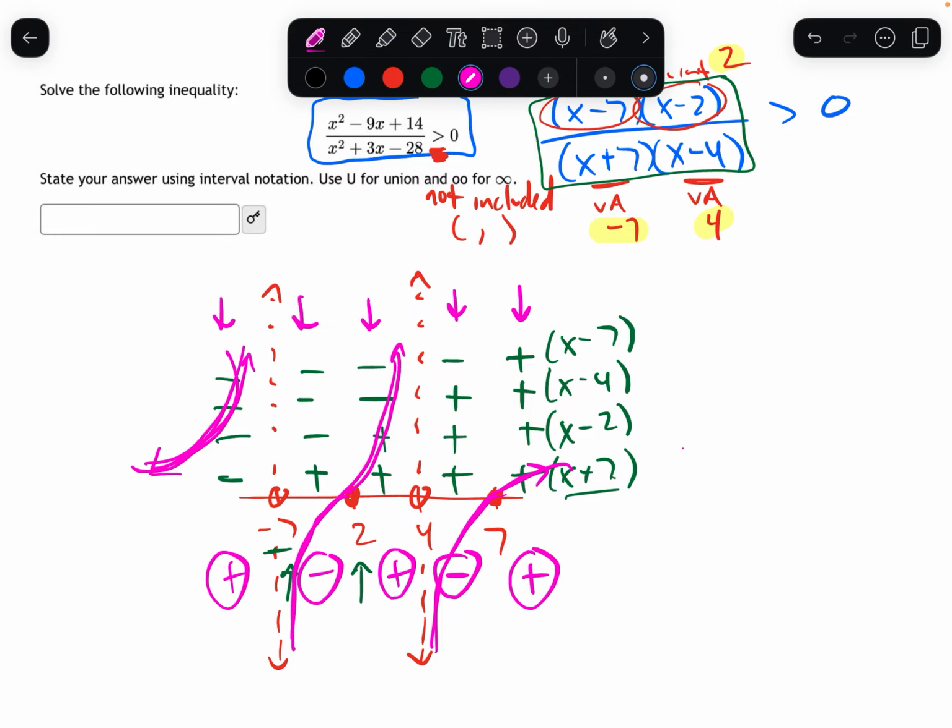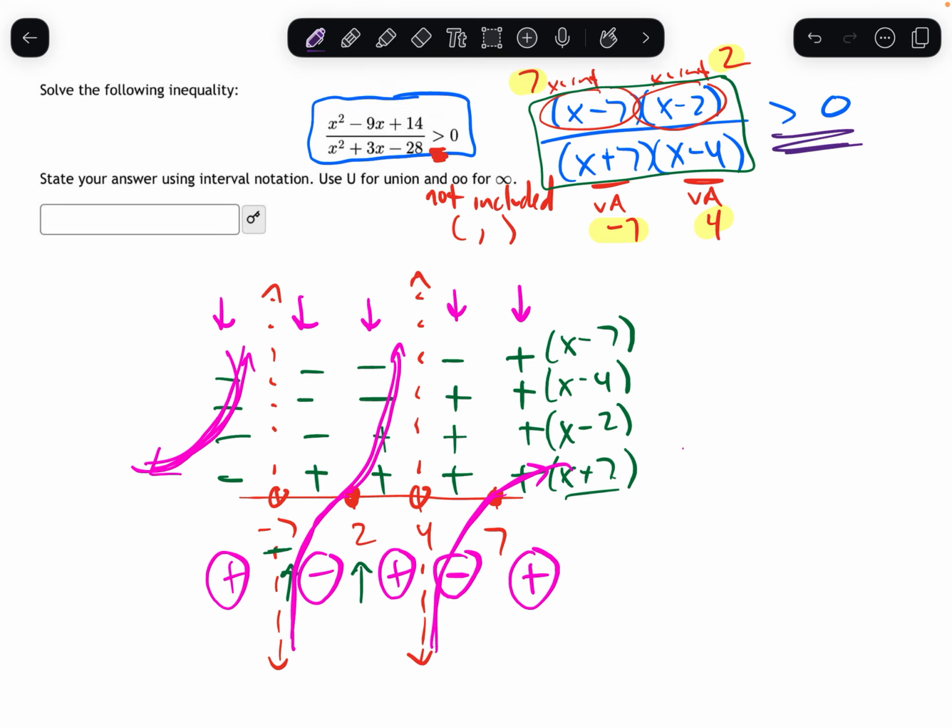The final step in this problem is to actually answer the question. The question is asking, where is this greater than 0? So we're looking for the positives. Our answer is going to be in these intervals where we get a positive number, and we use interval notation to represent that. This is where the inequality comes into play. Since this is not included, everything's a parentheses.